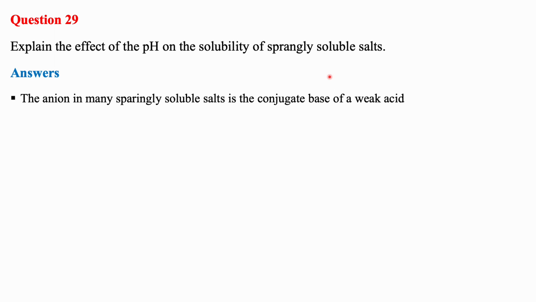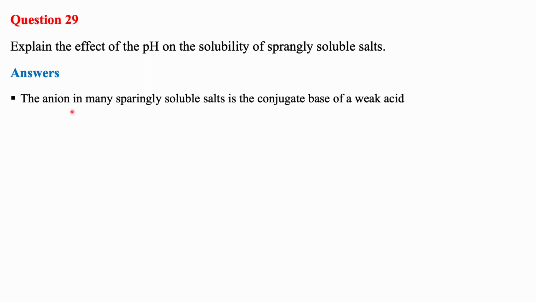Let's see the answer. Most of the anions which make up sparingly soluble salts are conjugate bases of weak acids. Because when you have a strong acid, it is coupled to a weak conjugate base, and when you have a weak acid, it is coupled with a strong conjugate base.